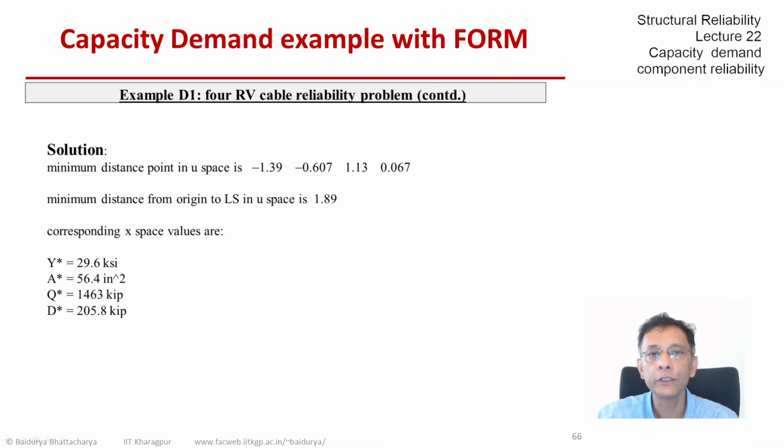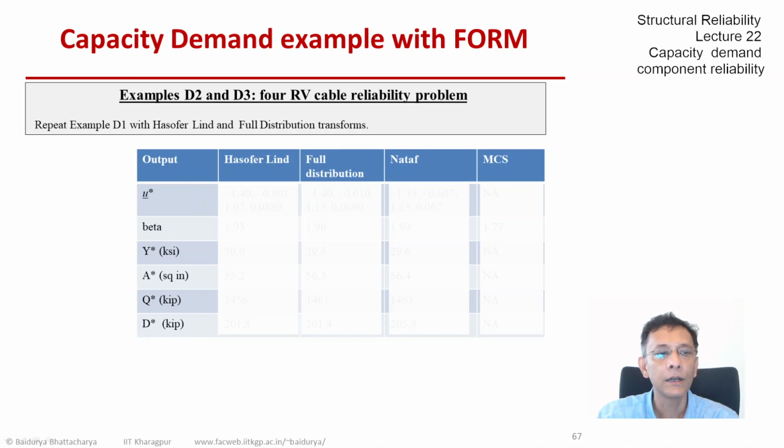We did that because we wanted to be true to the dependence information that was provided, that correlation coefficient between D and Q. But what if we employed naively the Hasofer-Lind or the full distribution transformation, where in the first case the Hasofer-Lind is not even able to preserve all the probabilistic information in the transformation, and the full distribution, while it can preserve the probabilistic information for each variable, cannot incorporate any dependence information. So here would be the results.